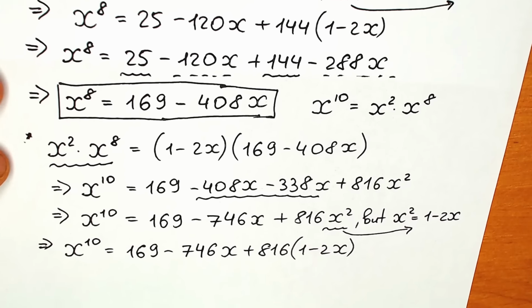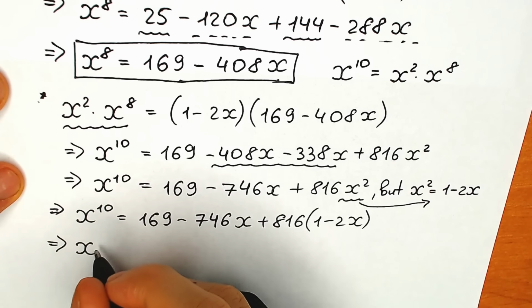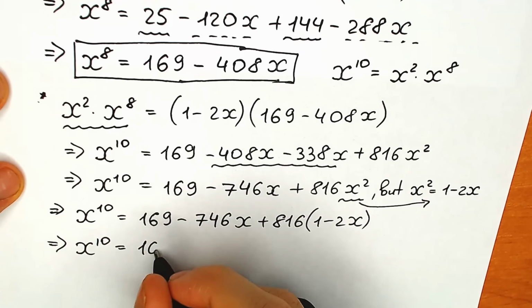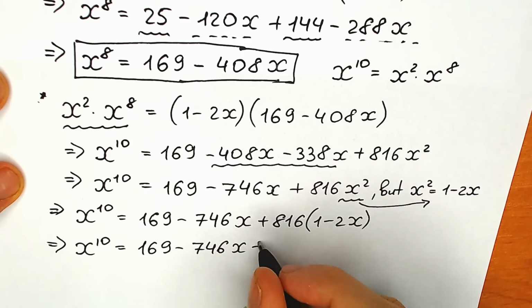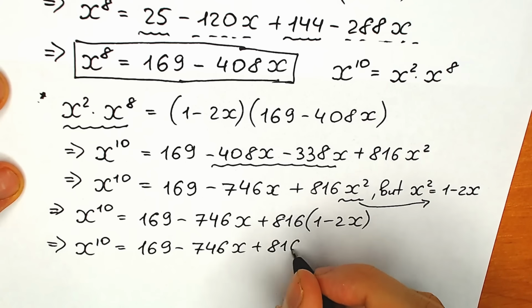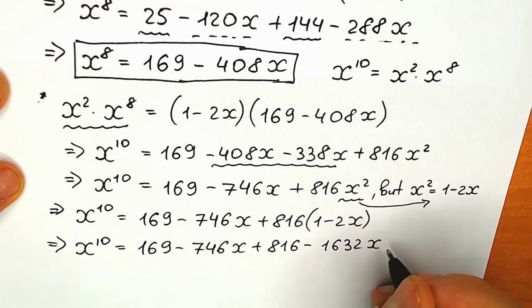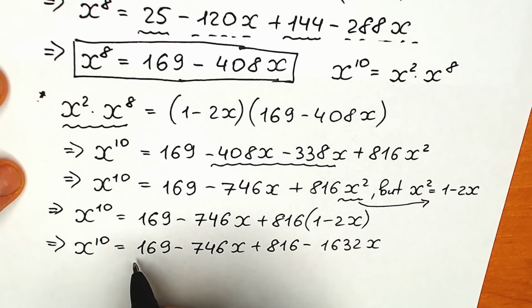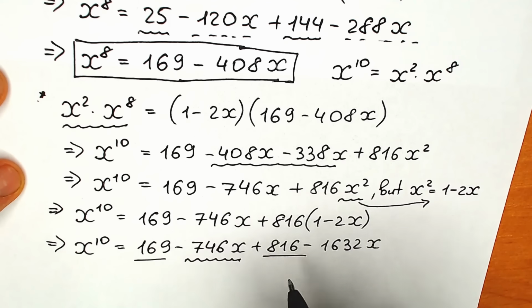Okay, in the next line, let's simplify x to the power 10 equal to 169 minus 746x plus 816 and minus 1632x. And right now, what do we have as the common things? We have two constants, and we have two expressions with the x.